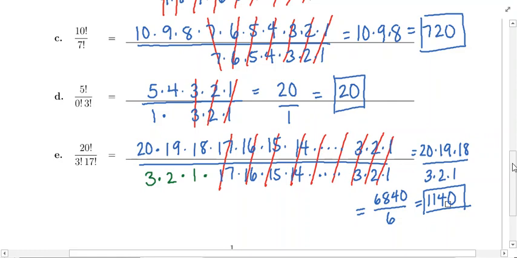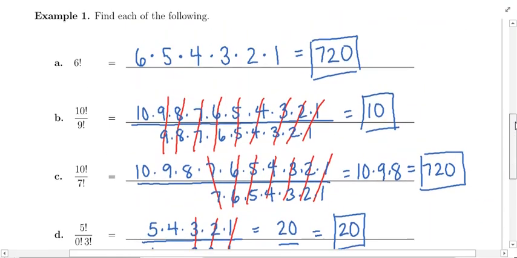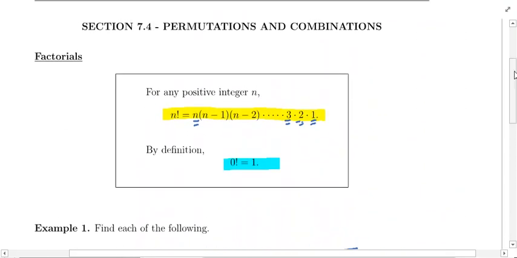The reason we are talking about factorials before we go on to permutations and combinations is because, like I've mentioned before, permutations and combinations are another way of counting. Permutations are basically a formula, and there's also a formula for a combination.